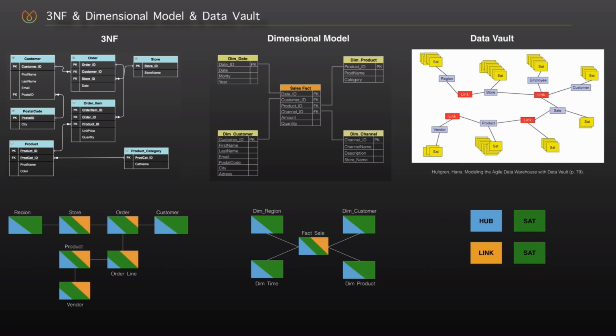And when we look at Data Vault, business keys, relationships, and attributes are all separated into different tables. Hubs include the business key, link tables store the associations and relationships, and satellites hold the details and context. For this reason, we will have more tables with a Data Vault model than we will have with either of the other approaches.